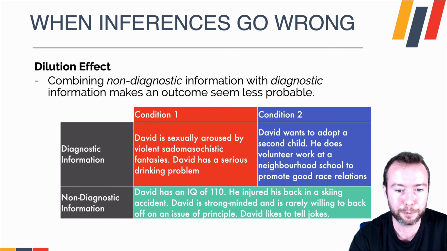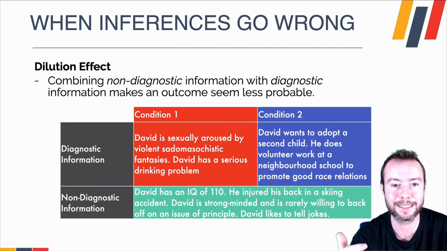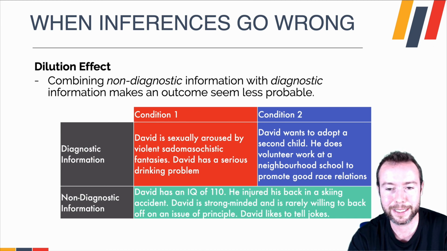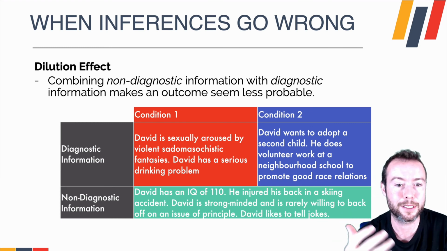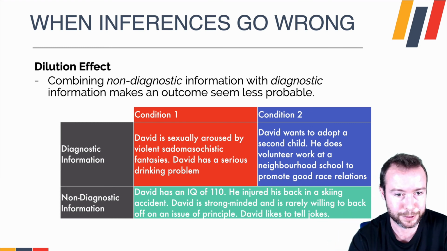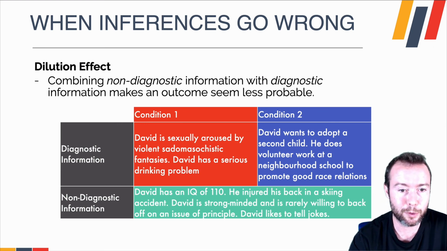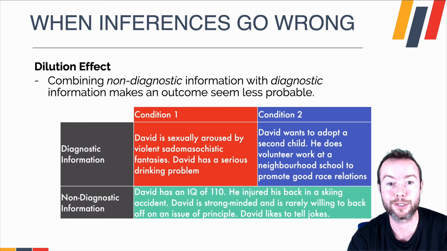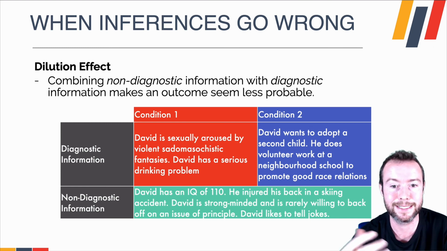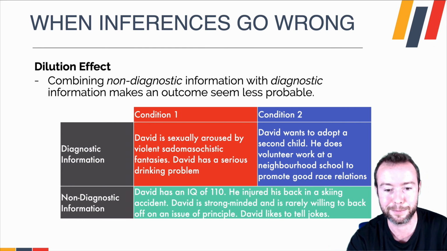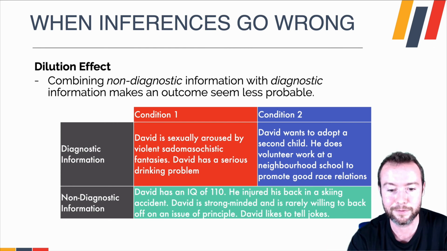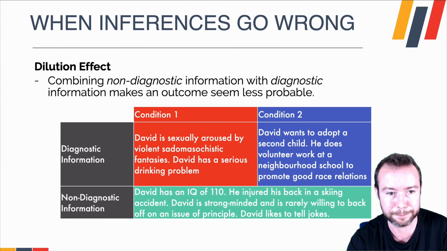Now, the example that I've taken here from a study by Tetlock and Boettger is a slightly dark example, but they consider the dilution effect in response to diagnostic information about whether a person was likely to be a sex offender or not. So in condition 1, they provide diagnostic information to participants detailing that David is sexually aroused by violent sadomasochistic fantasies, and that David has a serious drinking problem.